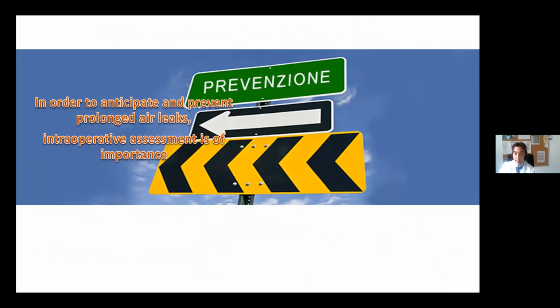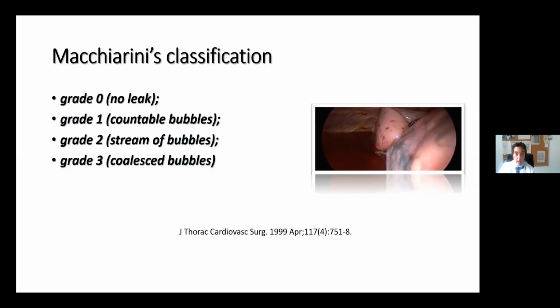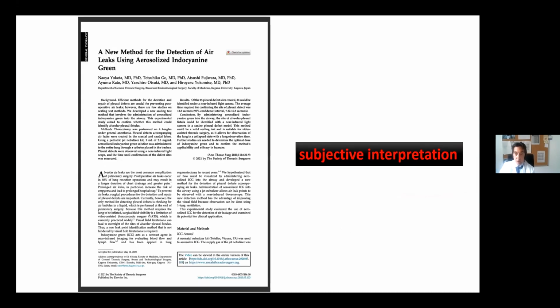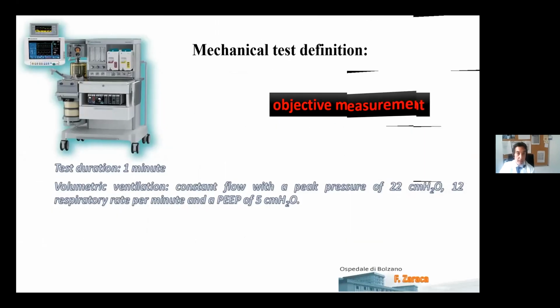Intraoperative assessment, as said Alan, is of importance. And what tool do we have? Of course, an old classification, Macchiarini, that was 1999, and is of course a subjective interpretation. We have some new methods using indocyanine or surfactant, but those are anyway subjective interpretations.